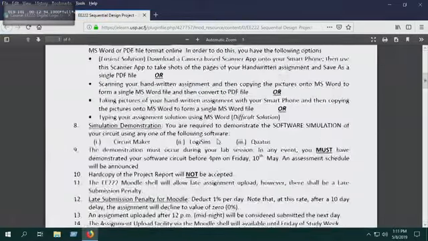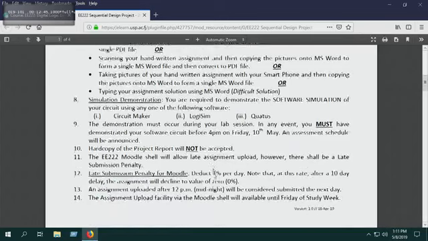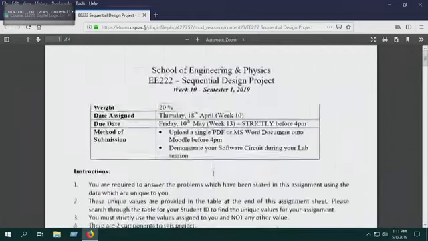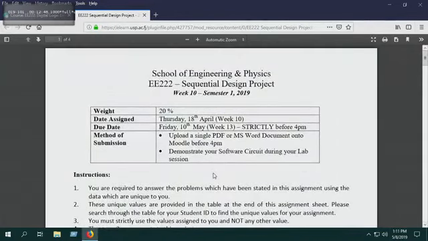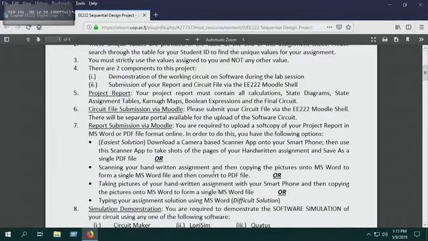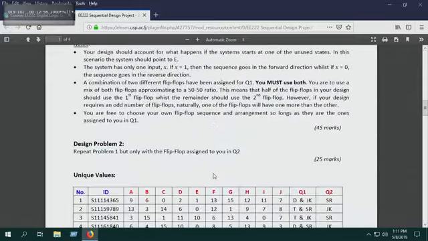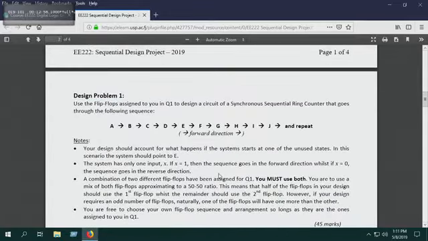The demo is on Friday. That's just the demo. 10th May, that's day after tomorrow. I haven't given a report deadline, right? You want the report due next week or something like that? Okay, all right. So the demo we'll still have on Friday.